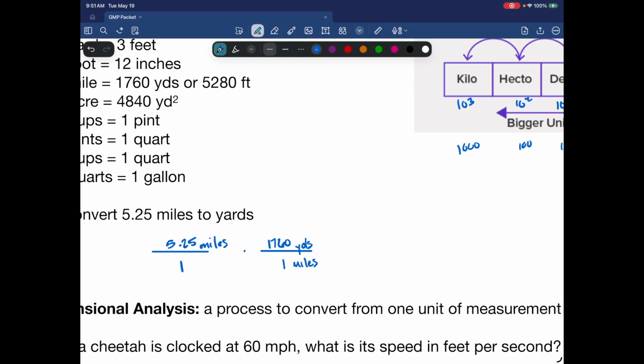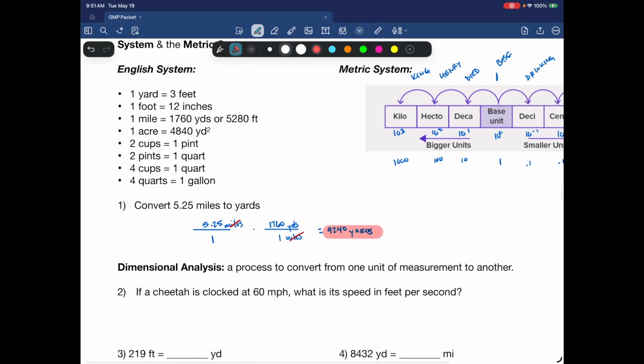And I set it up this way. You can say 1760 yards over miles or miles over yards. It really depends on what you're trying to get rid of. So I'm trying to get rid of the miles. Then it's 5.25 times 1760, and that's going to give you 9240 yards. You want to make sure that you include your units in here. So 9,240 yards.